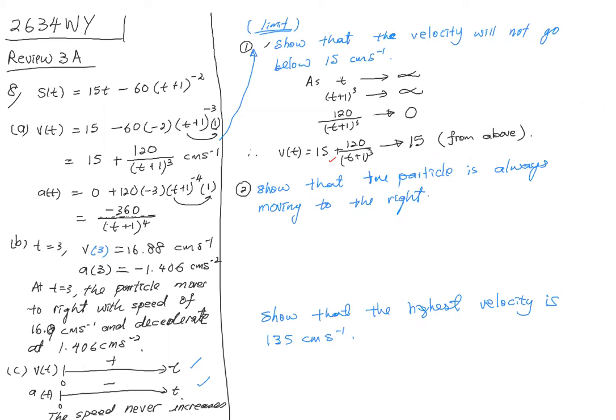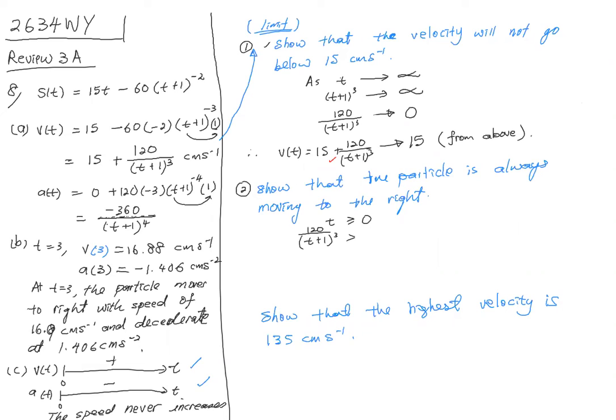Okay, Xinqi, how to start? t greater than or equal to 0. Okay. So then next. 120 over t plus 1. Okay, you want to jump the step, no problem.